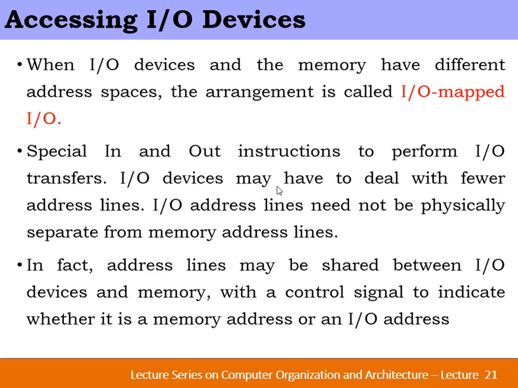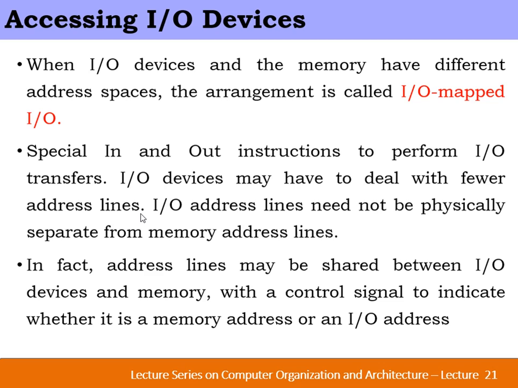IO devices may have to deal with fewer address lines. In memory mapped IO, as the address space is shared, it depends on how many bits are required to address the memory locations, and the same number of address bits has to be considered for accessing IO devices.